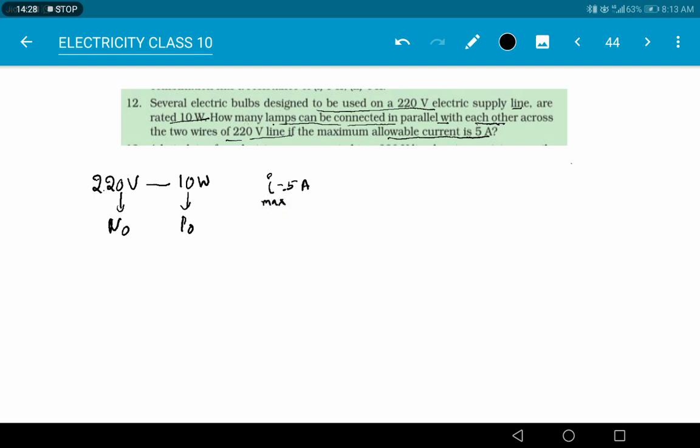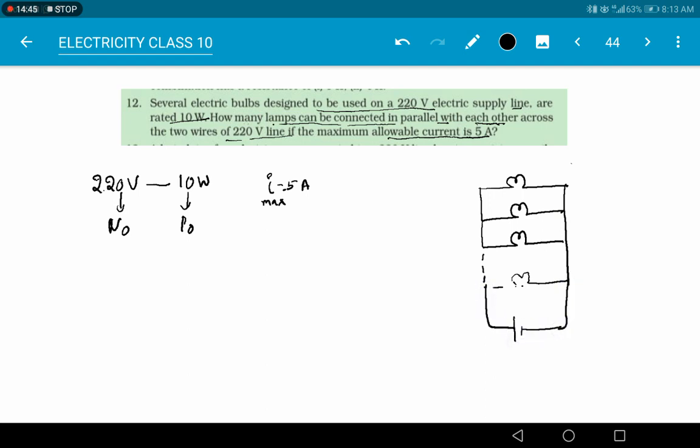Okay, so I don't know how many bulbs are connected in the circuit. We don't know. But through all these bulbs the current has to be 5 ampere. The maximum current in the circuit is to be 5 ampere.